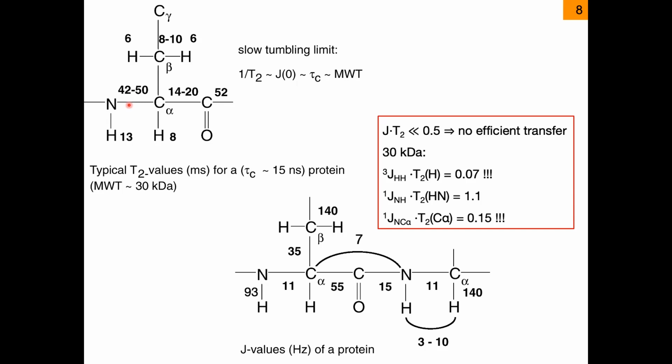Relaxation is field fluctuations, bringing the system back to equilibrium. And if we now think that for a molecule in solution, the field fluctuations would only come from the tumbling of the molecule, then you can show when you go into these Redfield equations and so on, that for molecules that tumble very slowly, and slowly is not a very stringent problem.